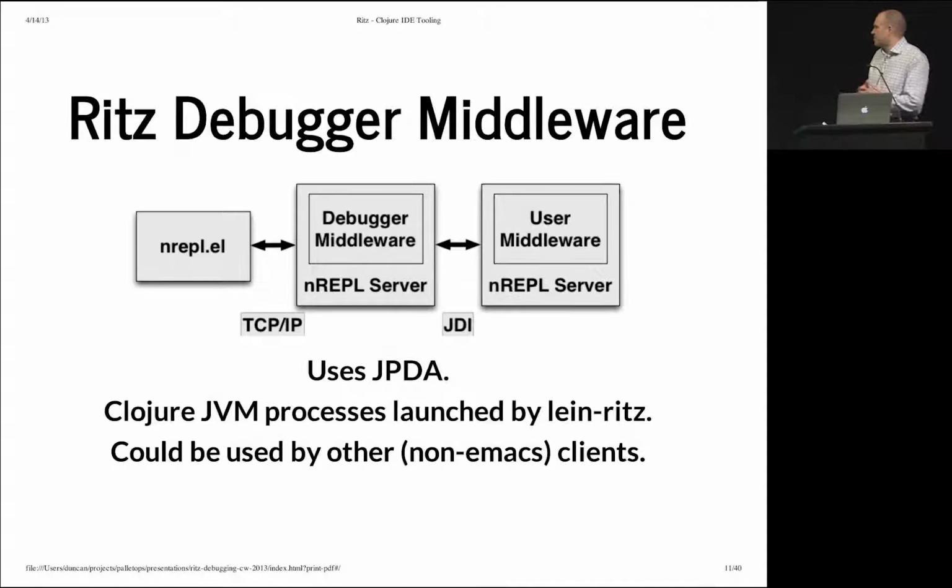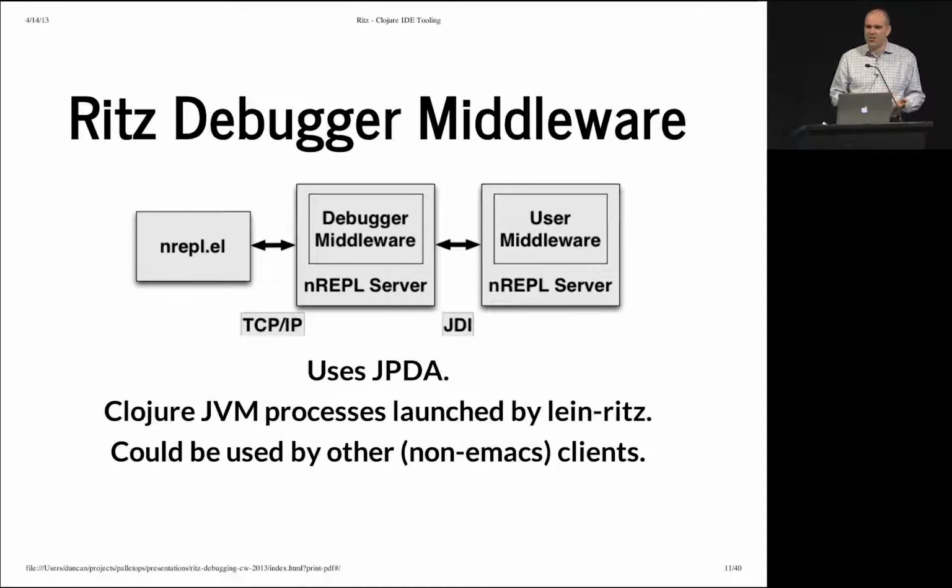So it talks to the user process using a protocol that comes with the JPDA toolkit, which is JDWP, I think, if I've got it right, or JDI. And it uses the JDI library, or the JDI classes provided by the JVM platform to do that. And then your client here in REPL.el talks to the debugger process rather than the user process.